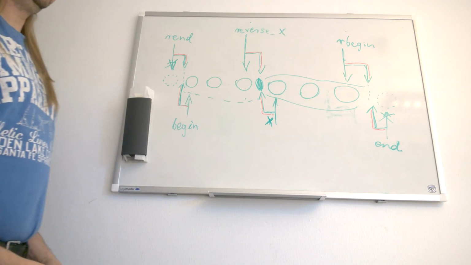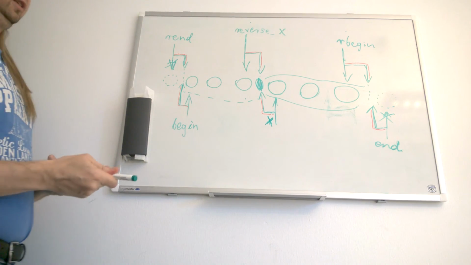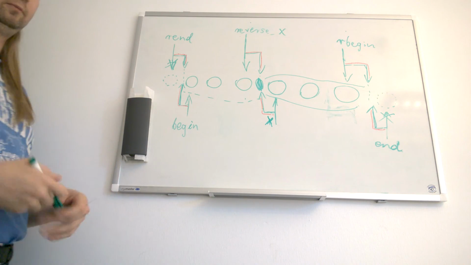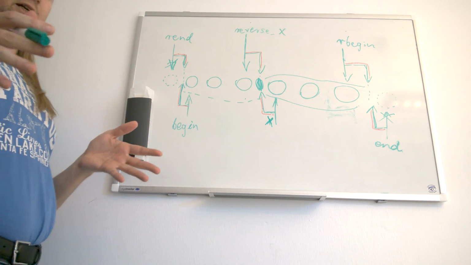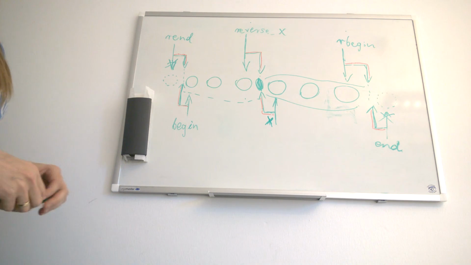Because of that, we also have a clear statement, for example, that if we have a range from two iterators that are equal to each other, we have an empty range.